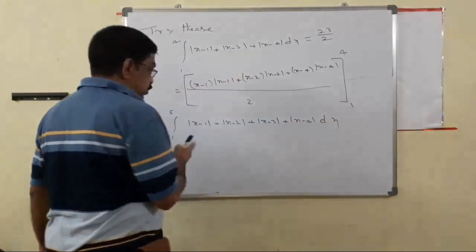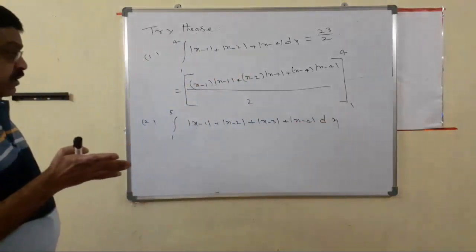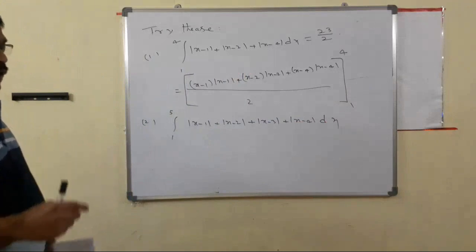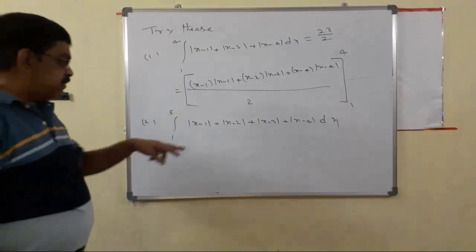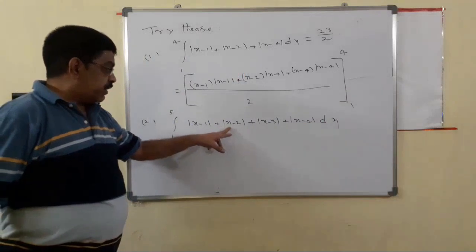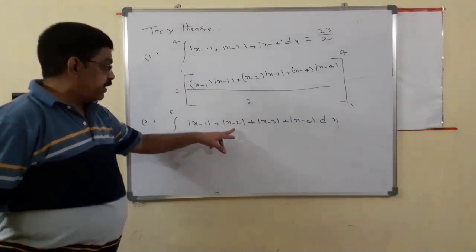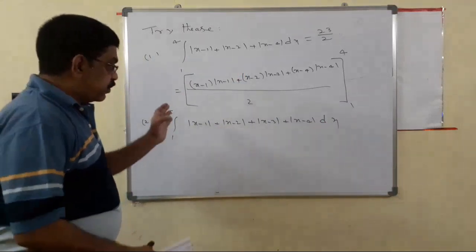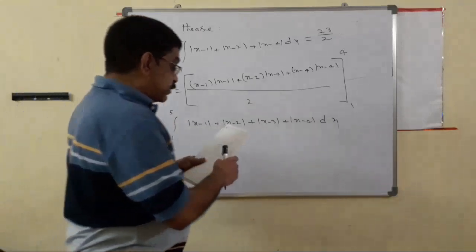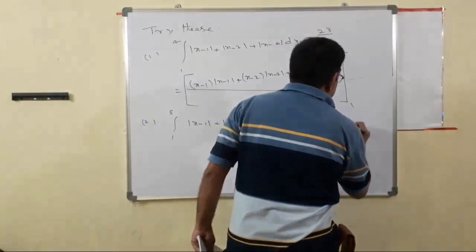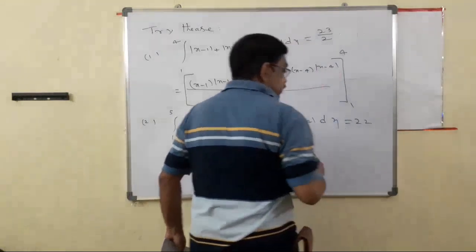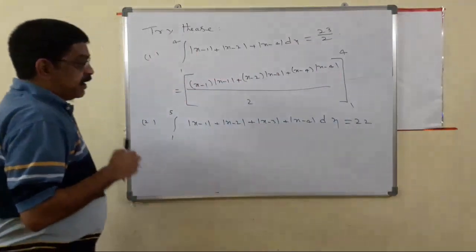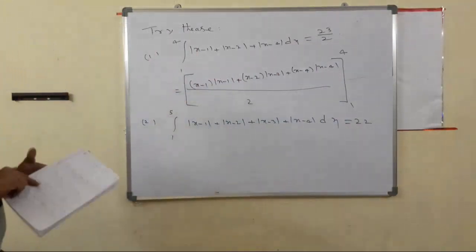Limits are running from 1 to 5. See how many moduli functions are there? 1, 2, 3, 4. Can you tell me at least now what is the integral of mod x minus 2? x minus 2 mod x minus 2 upon 2. So you can write that value and you can establish that it is equal to 22. Please try it on your own. If you don't get it, in my next lesson, I'll solve these problems for you. Okay?